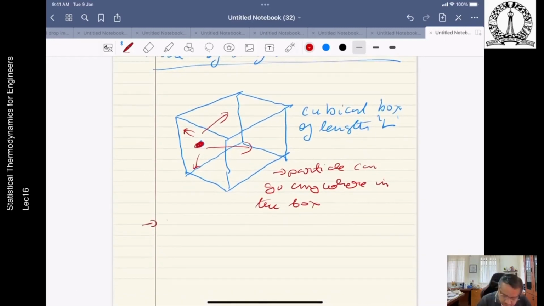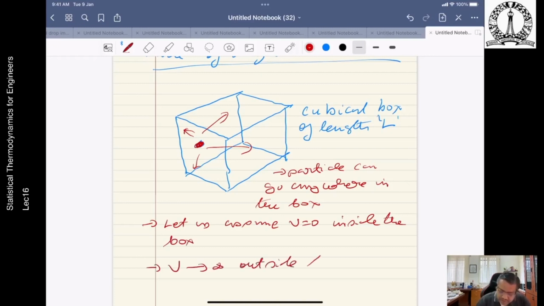Let us assume that V is equal to 0 inside the box, which makes things easier, and V goes to infinity outside the box. So this actually represents a potential well, right? The particle cannot go outside.